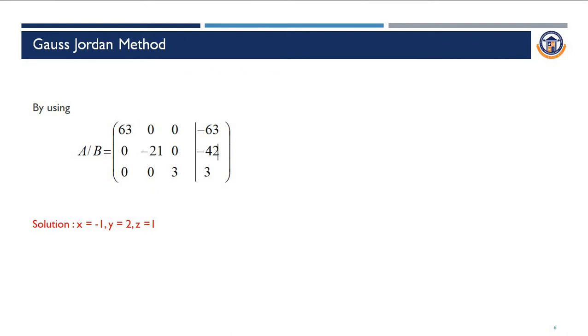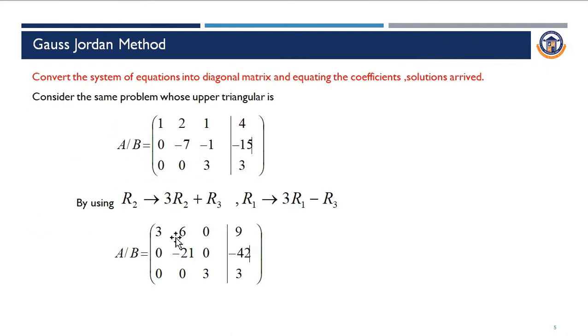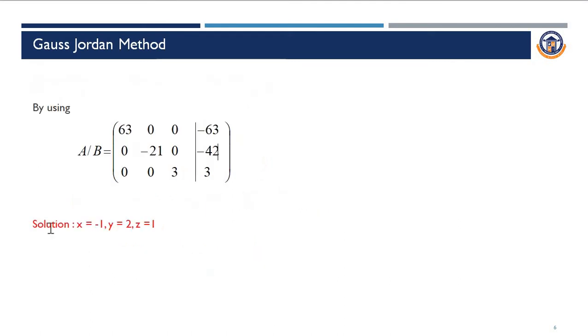Once again, here it is 6 and here it is minus 21. I have to cross multiply this by 21 and this by 6 and add, and I have to make it a diagonal matrix. If I do like that, the matrix becomes like this.